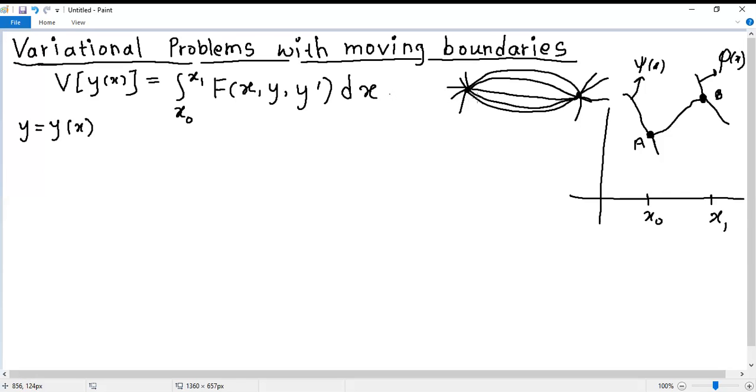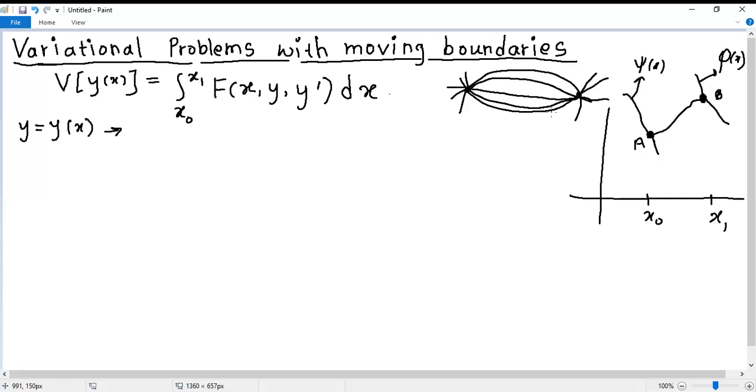I already explained in the last video that if y equal to y of x is a curve on which the extremum is attained in a moving boundary problem, then the extremum will also be attained on the problem with fixed boundaries.